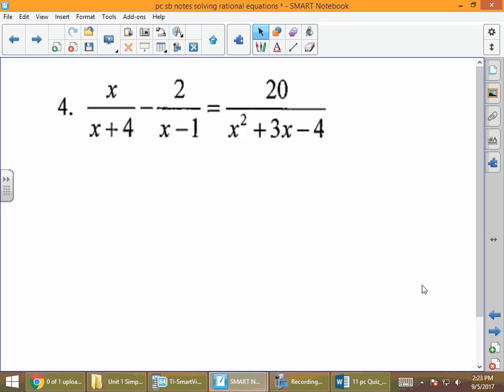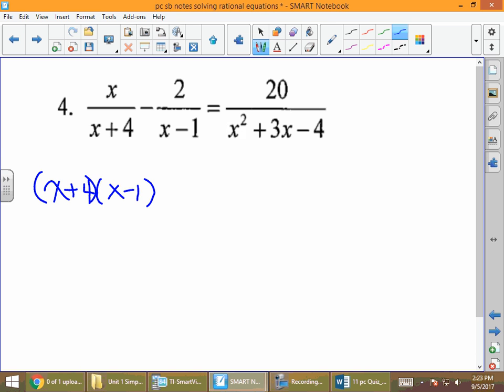Once again, let's look at the left side. Let's find our common denominator. Eventually on the right side, we're going to be able to factor that denominator. And our common denominator is going to be x plus 4 times x minus 1. Good practice when it comes to the subtraction.